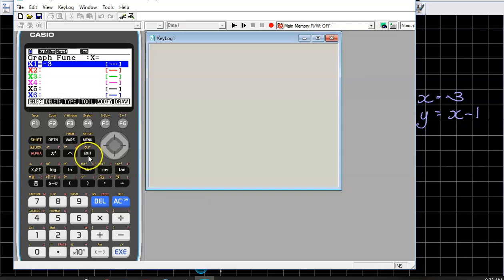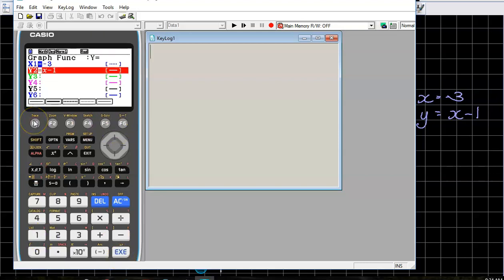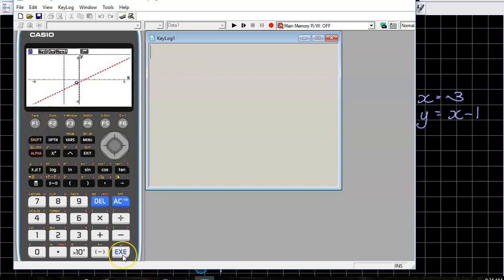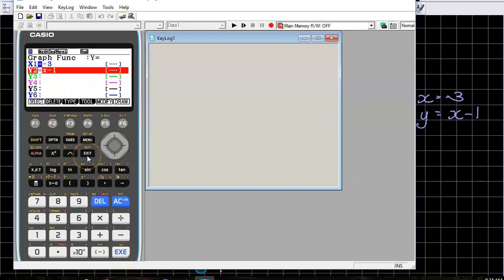All right, exit. We go down here. Uh-oh, it's x. Type y equals, and you can see you've still got your x there, but now we've got the y. x take 1. You want to put the change, just messing around. Oops, looking good.